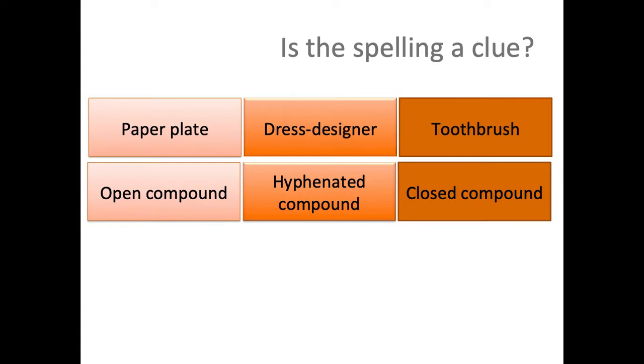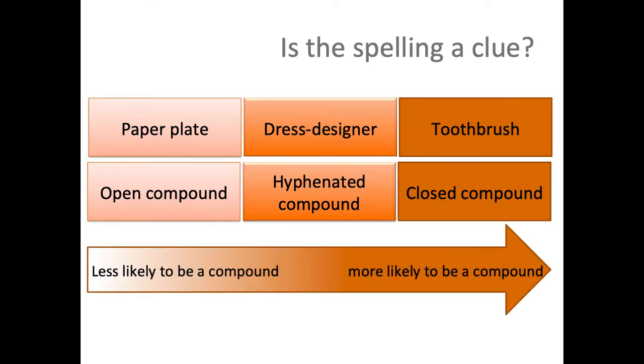Dress designer is what we call a hyphenated compound. It has a hyphen, un trait d'union. And then toothbrush is what we call a closed compound because it's made up of two words which are stuck together.